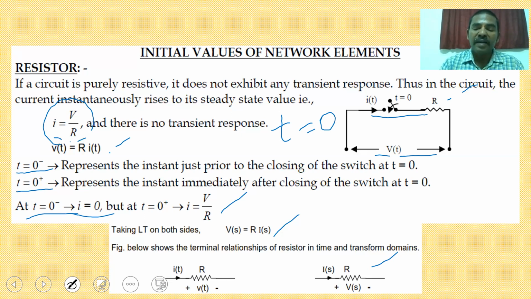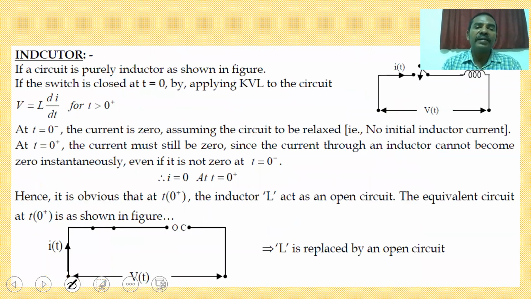Okay, so then coming to the inductor. Inductor never takes instantaneous currents. So let us assume a pure inductor L Henry is connected to a voltage source of V of t. At t is equal to 0, the switch will be closed and I of t will flow through the circuit.